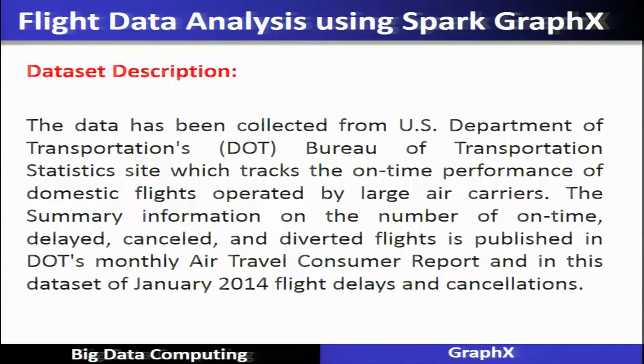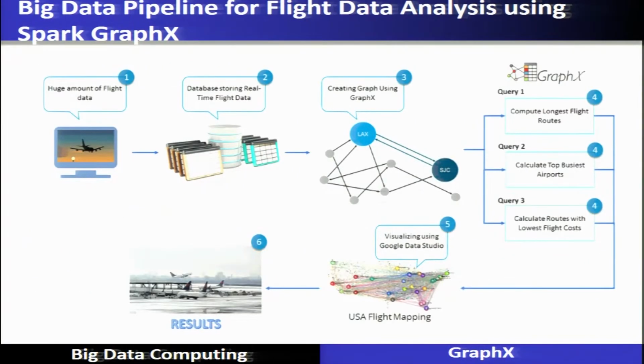The data has been collected from the US Department of Transportation (DOT) Bureau of Transportation Statistics site, which tracks the on-time performance of domestic flights operated by large carriers. The summary information on the number of on-time, delayed, cancelled and diverted flights is published in DOT's monthly air travel consumer report, and in this data set, January 2014 flight delays and cancellations are considered.